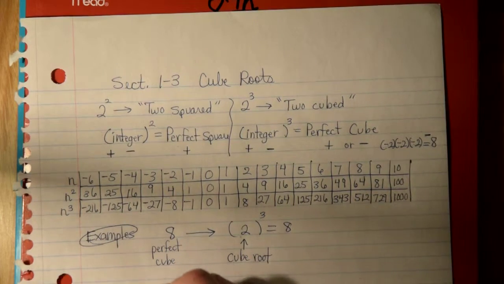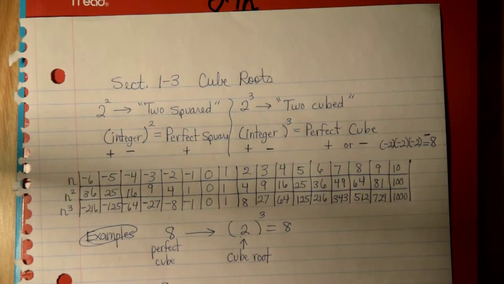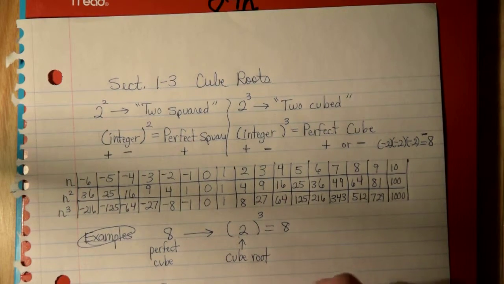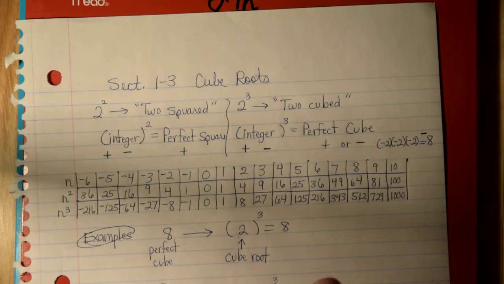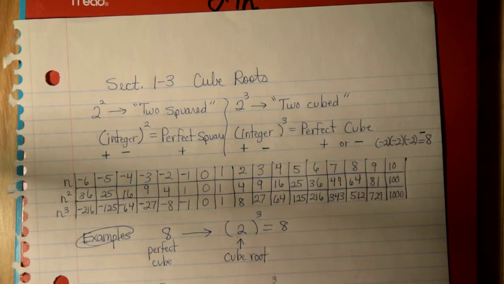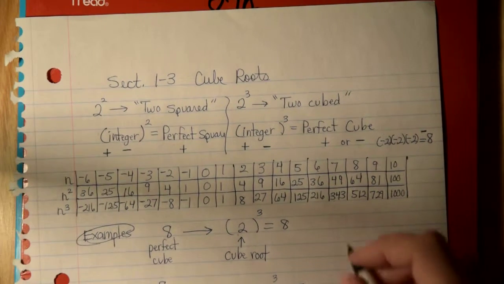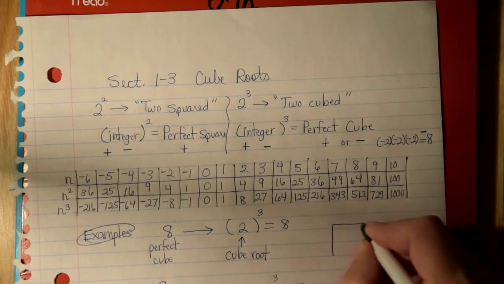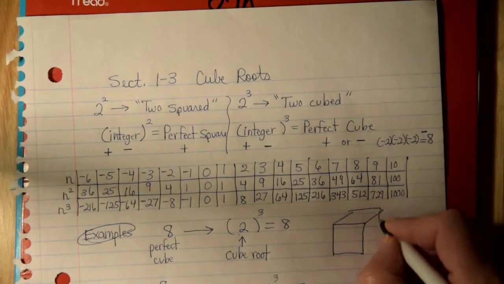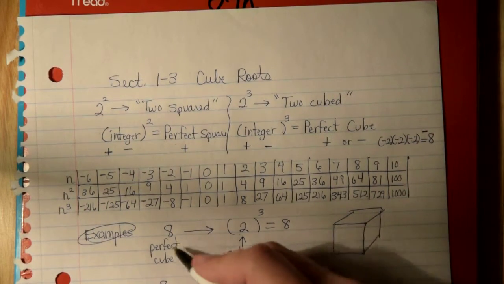And -8 is also a perfect cube, because I could put in an integer here, -2, and cube it, and I could get -8. Now they're called perfect cubes because there exists a cube that has a volume of that number.